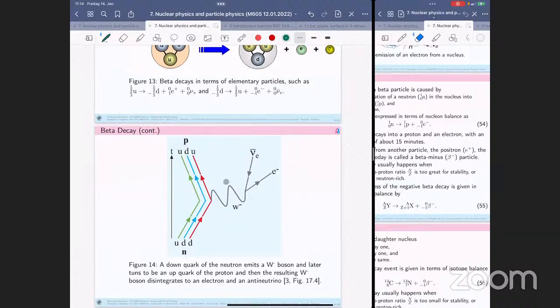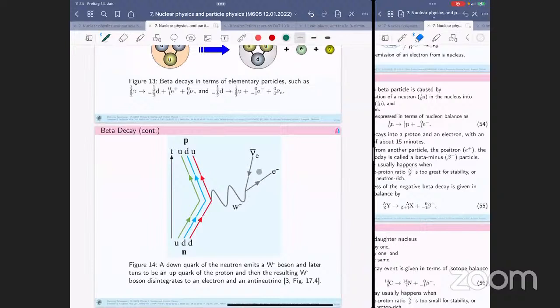The other part, you know, the antiparticle will flow in the opposite way. The antiparticle will go out, and the down quark changes itself to be an up quark, and once we have 2 up quarks and 1 down quark, we receive right now a proton. And that's the process for the diagram.